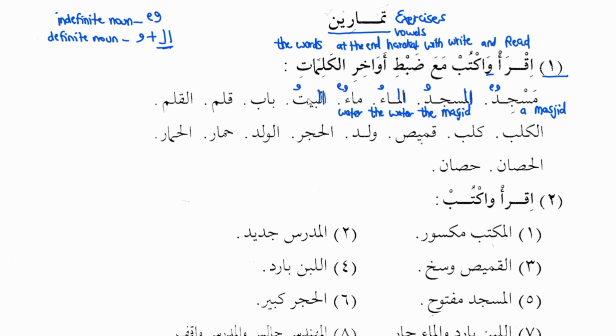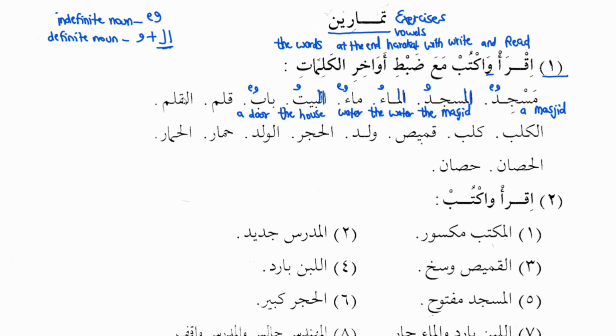Al baytu means the house. Next, there is no alif lam, so we'll put dhammatan at the end. This will be babun. Babun means a door.